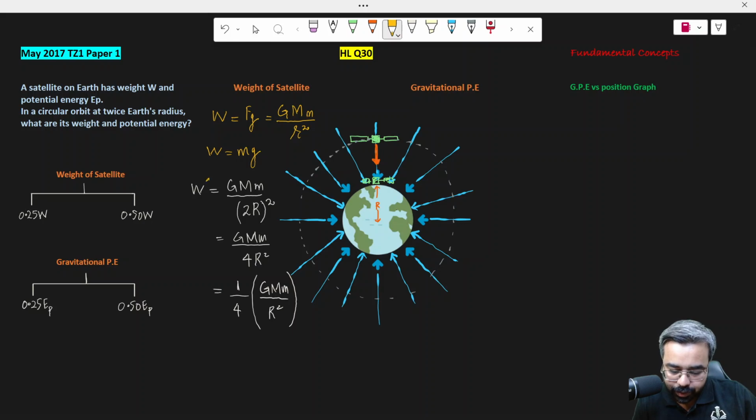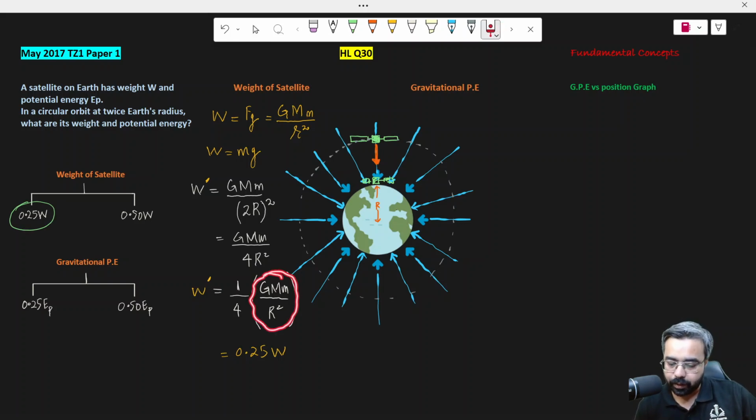So students, this is the new force of gravity at that point, and you can see it is 0.25 times the force of gravity, or 0.25 times the weight of the satellite at close to the surface of the Earth. So that's why we should select 0.25 W, and this is the force that was applied by the Earth on the satellite when it was close.